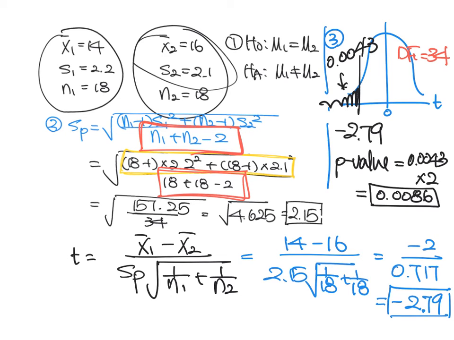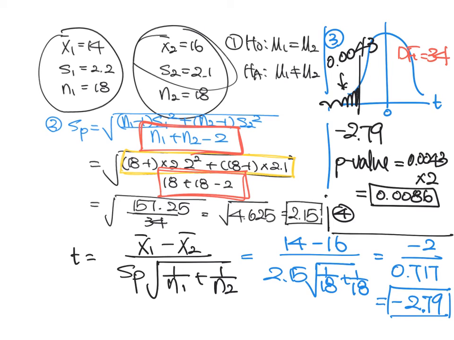In the problem, alpha was 1%. So now we have to make the decision. 1% is 0.01. Absolutely, even though we took twice, the p-value is much smaller than 1%.